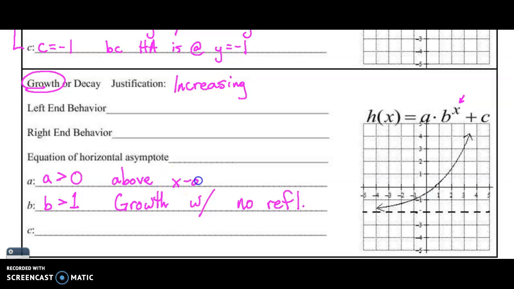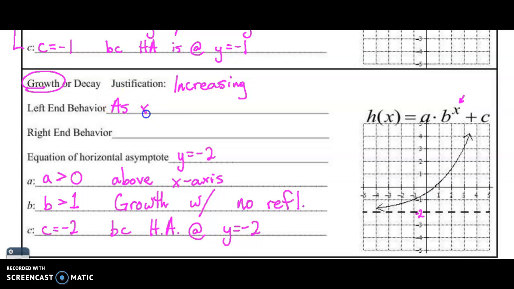And some of you might even look at this and say that it's pretty clear that the c value would be negative 2, because that's the equation of the horizontal asymptote, y equals negative 2. Now all you're left with is the left end behavior.